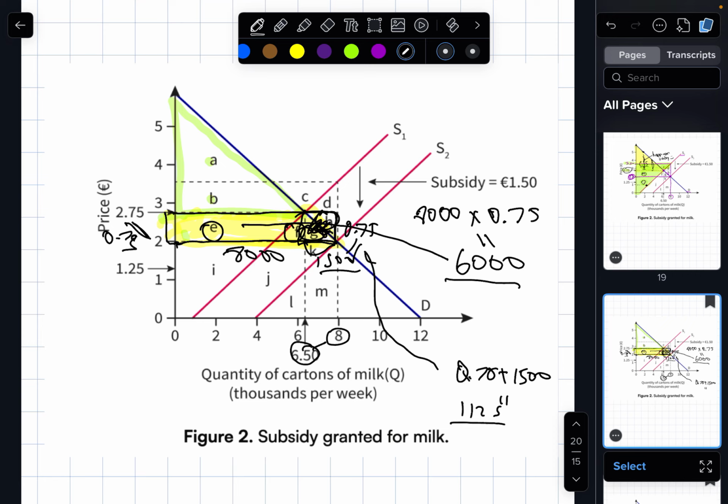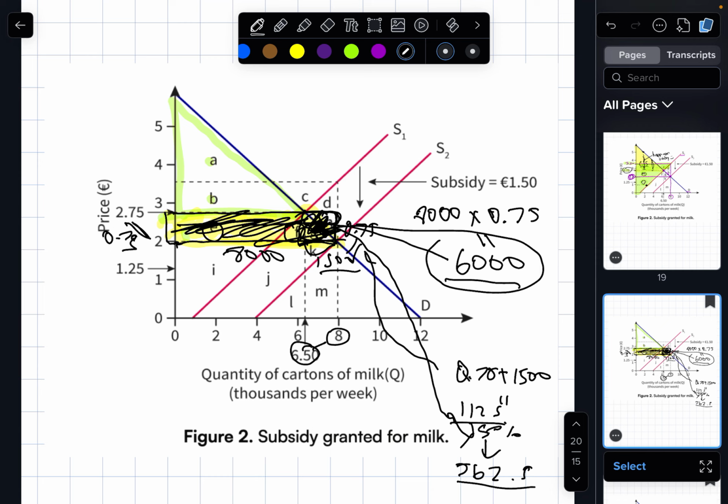And that's not the answer we want, right? Because we know this whole box is 1125. We just want half of it to isolate H. So 50% of that, so let's just multiply by 0.5, is 562.5. So we're almost there. We know that this entire box is 6,000, and we just need to subtract 562.5 from it.